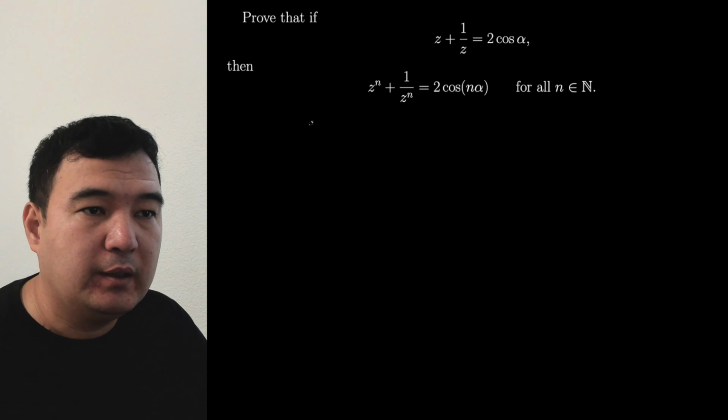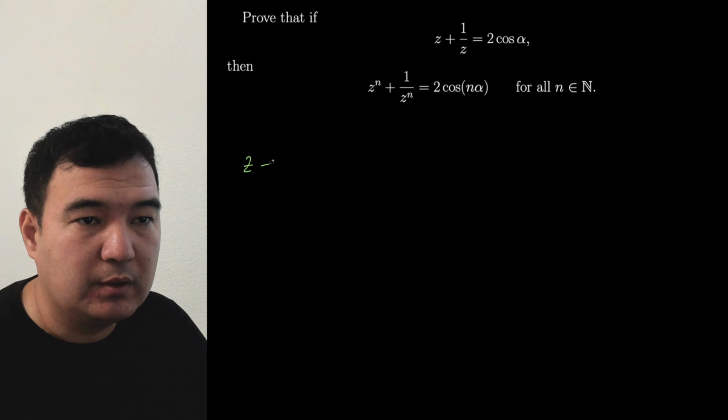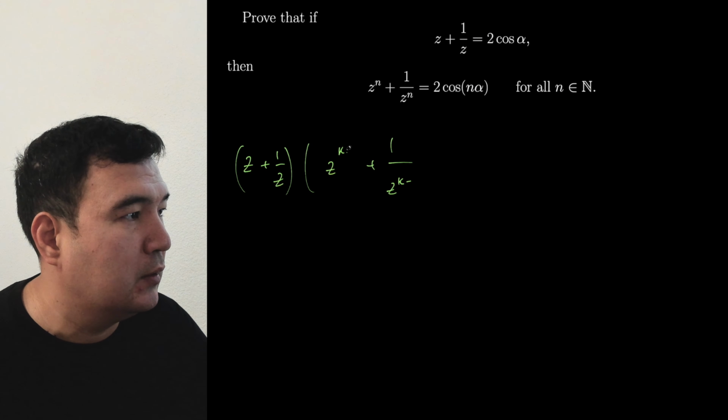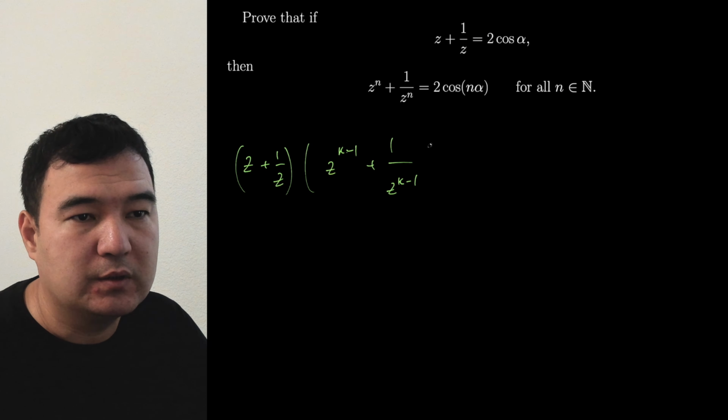So in order to get the identity for z^k, I will just multiply z plus 1 over z by z^(k-1) plus 1 over z^(k-1). That's 2 cosine alpha multiplied by 2 cosine (k minus 1) alpha.